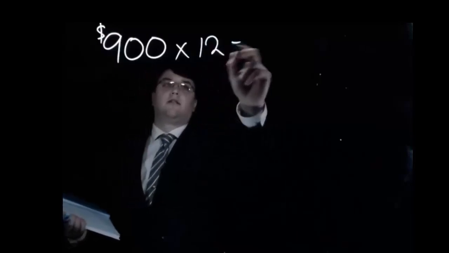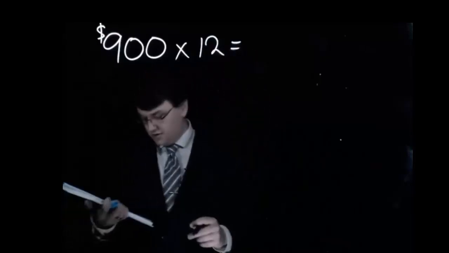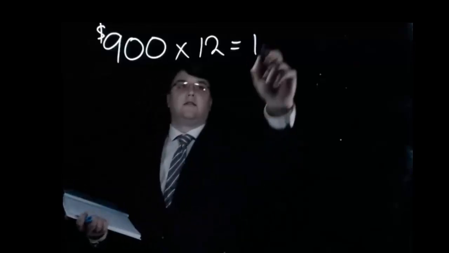Again, you can do this a couple different ways. I usually start off with the minimum monthly rent to figure out what the rent is. So we have $900 a month times 12 for how many months are in a year, which should give us $10,800.